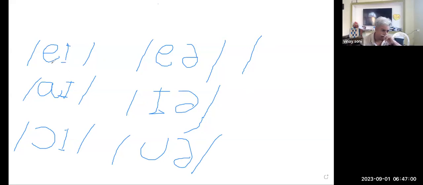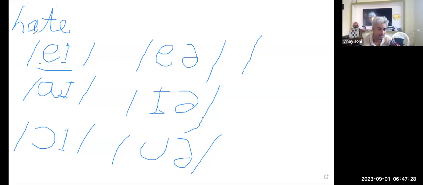Guys, look, this will sound like this, A, like I said just now. Hate. Hate has only one vowel sound between H and T. Now, when you say A, you are actually saying two vowel sounds together.